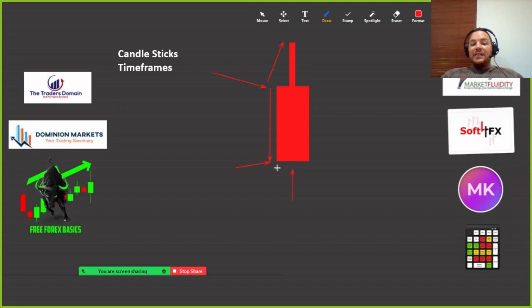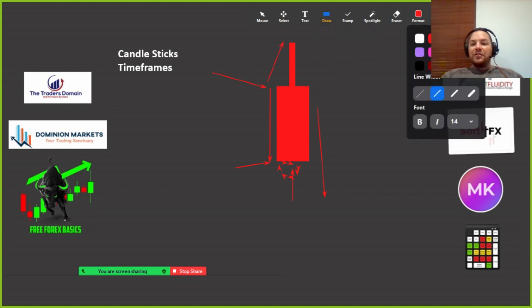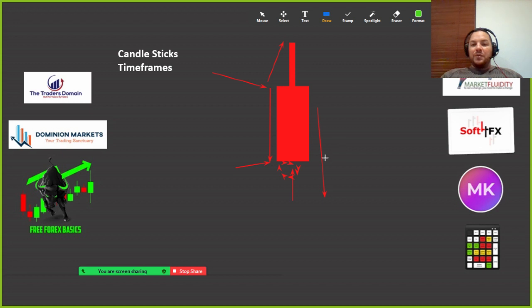So the fact that it didn't create a wick over here means that there's no range for the next candle to continue down. Now, yes, it can continue down. The next candle could continue down, but it's a 50-50 chance, because what could just as easily happen, because there's no range, is you could have this situation.